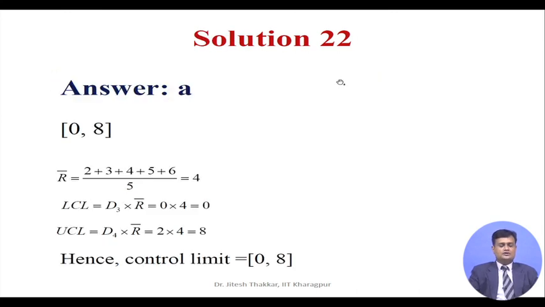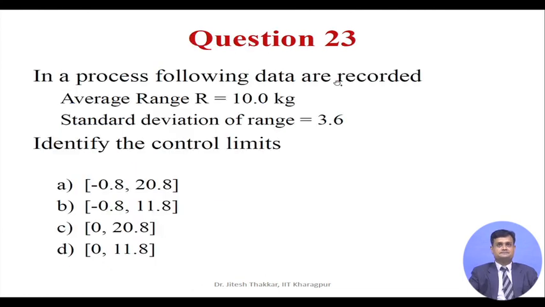So, you can compute it as R bar is equal to 2 plus 3 plus 4 plus 5 plus 6 divided by 5 equal to 4, and you are given the factors D3 and D4. So, you can compute now LCL and UCL, which comes out to be 0 and 8. So, answer A is correct.